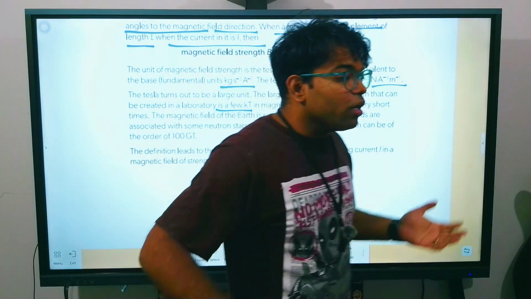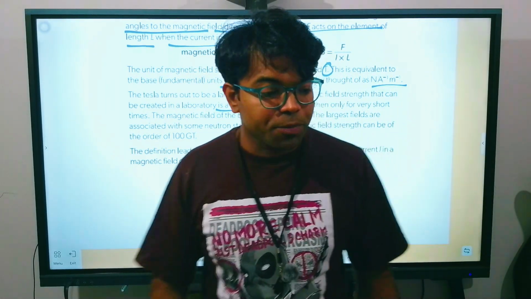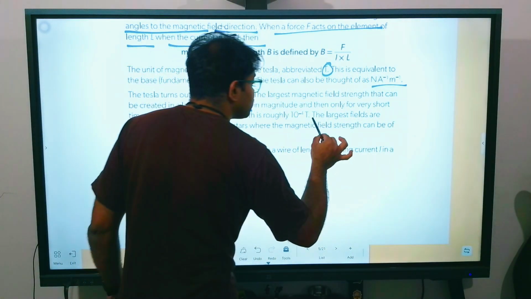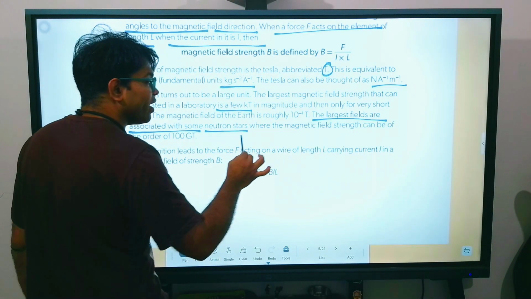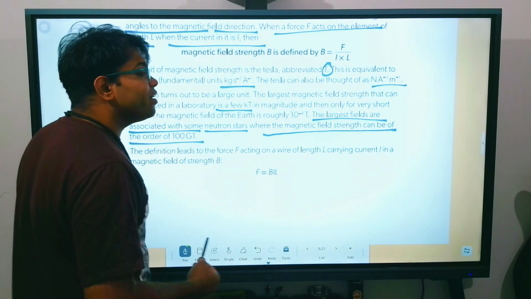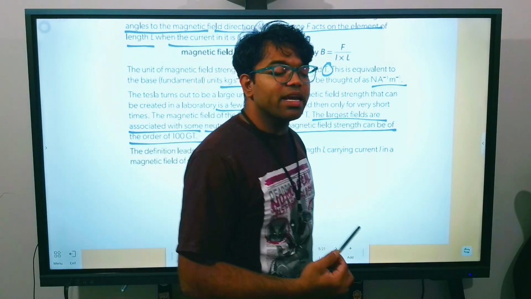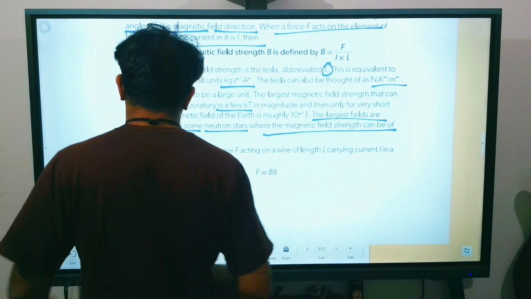So we cannot use such a huge quantity every single time we are doing our calculation. The largest fields are associated with some neutron stars, where the magnetic field strength can be of the order of 100 gigatesla. Giga means 10 to the power of 9.